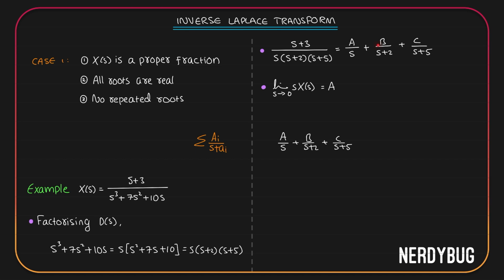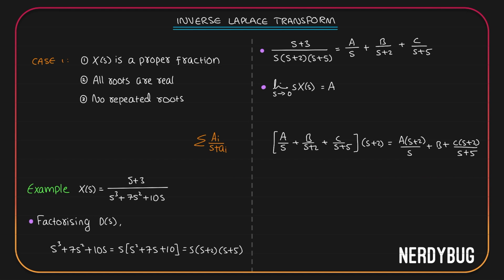Now, assume I want to find out B. I will again take X(s) as A by s plus B by s plus 2 plus C by s plus 5. This time, I am going to multiply it with s plus 2, which is the denominator corresponding to B. Then this will become A into s plus 2 by s, plus B, plus C into s plus 2 by s plus 5.